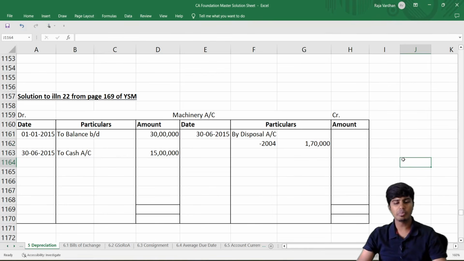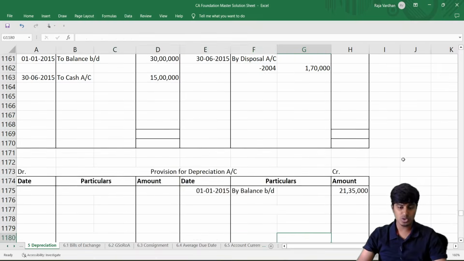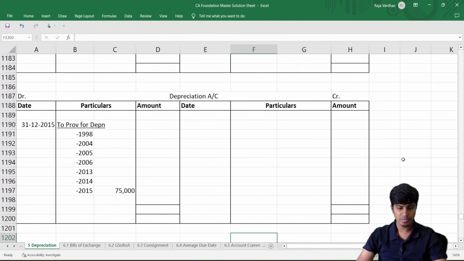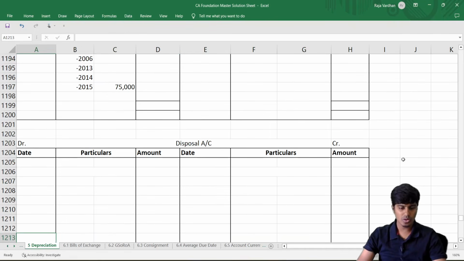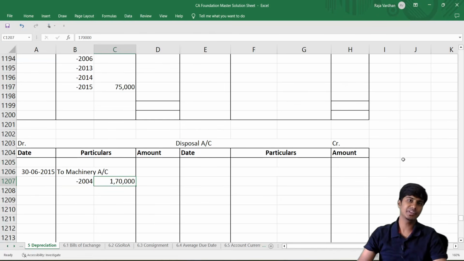Correct, got it? So in the machinery account there is a decrease in the value of the machinery by 1,70,000, and I have written here by disposal. So in disposal account, on the debit, I would write here to machinery 2004 1,70,000.